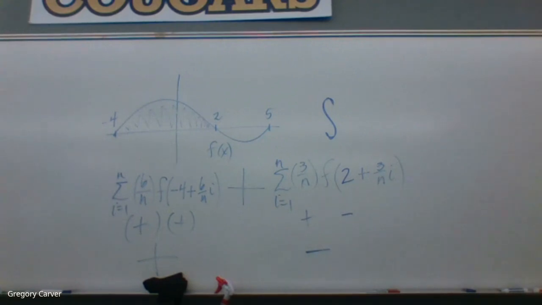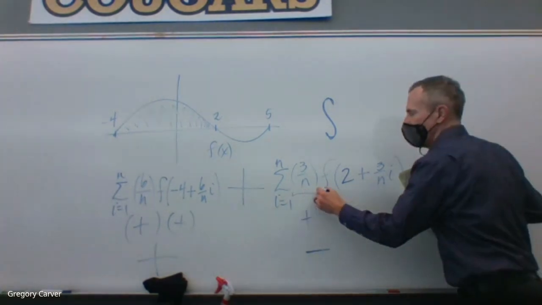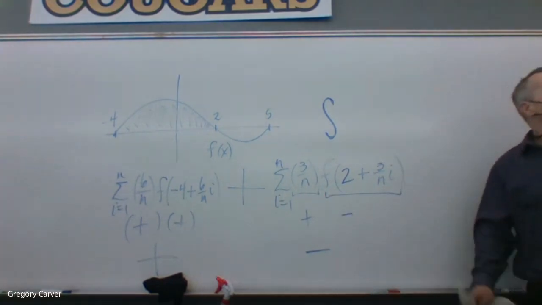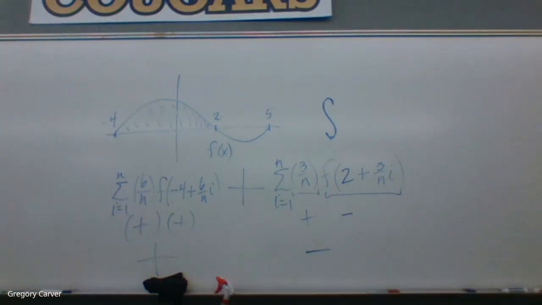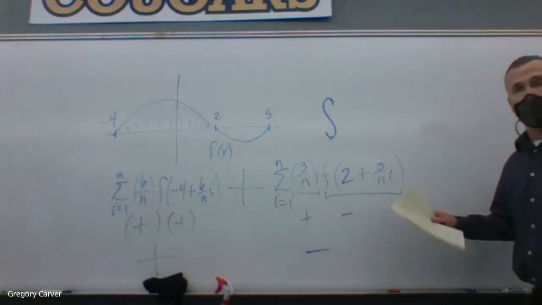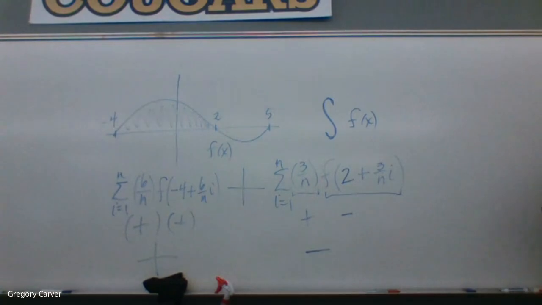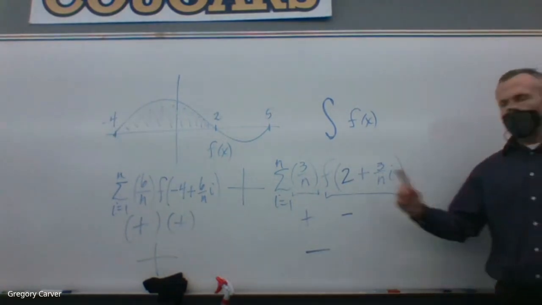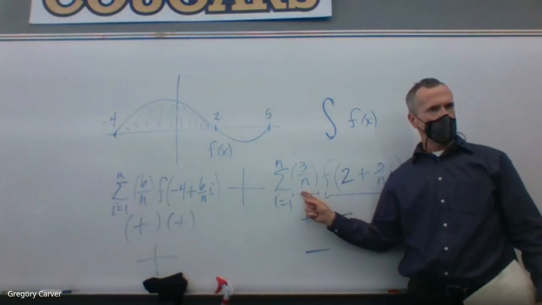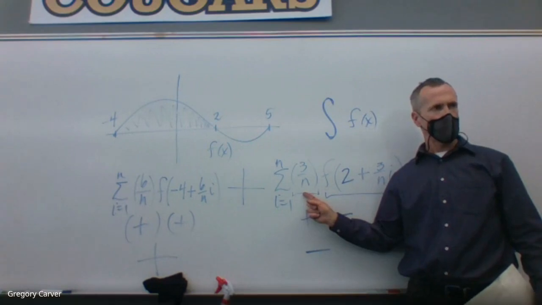What I'm going to do then is put in these expressions. I need an expression for the width and for the height. The height is just going to be the function. Would you guys agree? Whatever that is, let's call this f of x. And then check this out. This part right here, you guys agree this is the width of every single one of those rectangles?